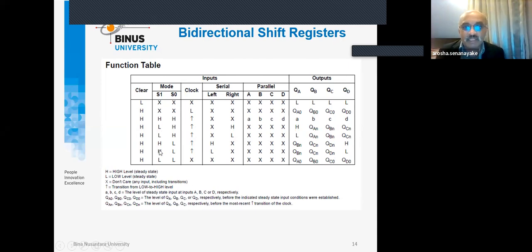Likewise, if left is H, then H to L, it occurs. You can see the combinations and how it occurs left to right. That's what you have to understand quite precisely. If it is LL, no operations there. You can see no operations at all.